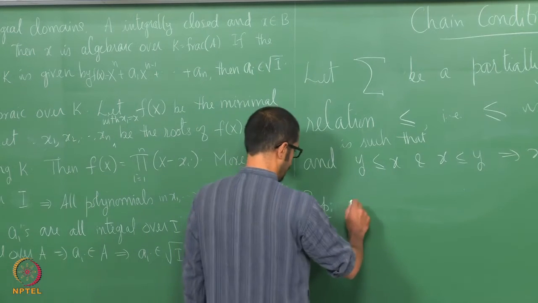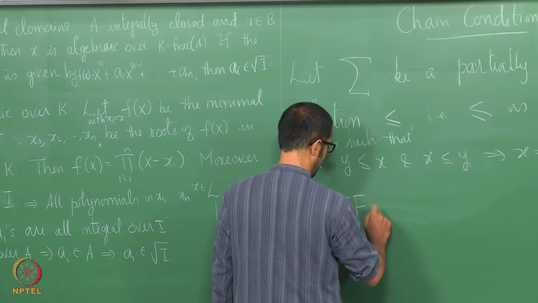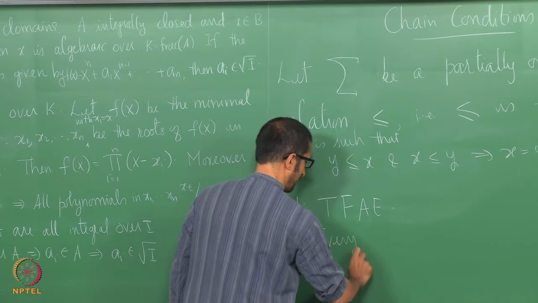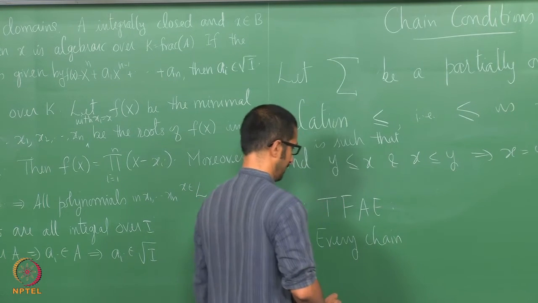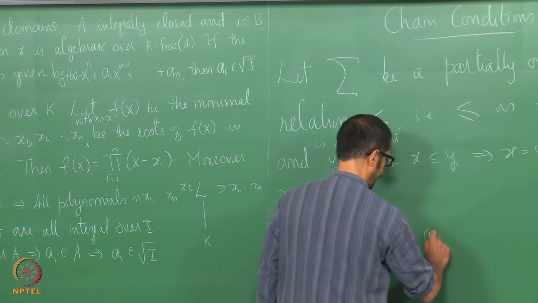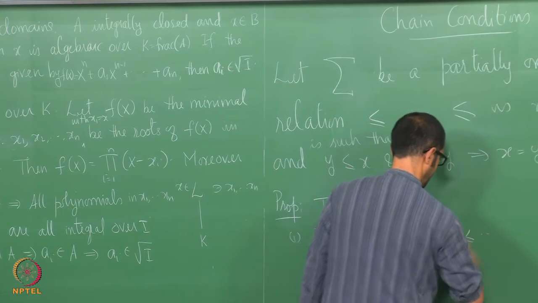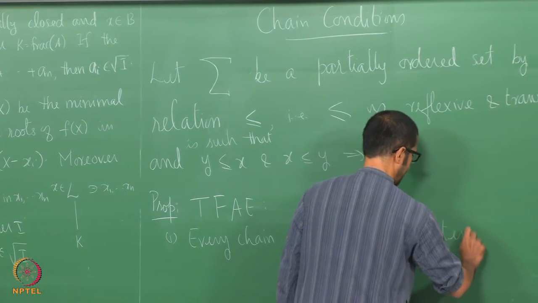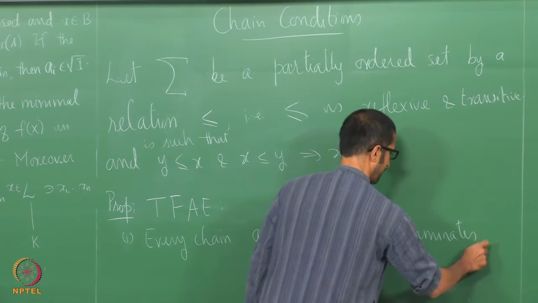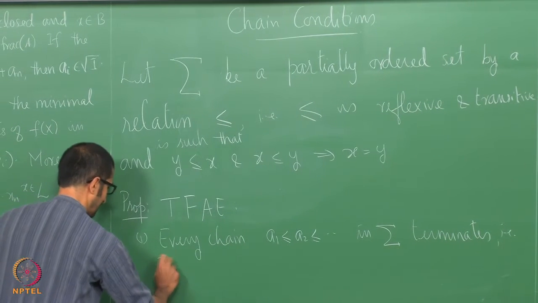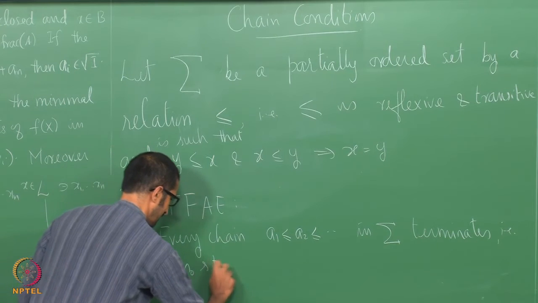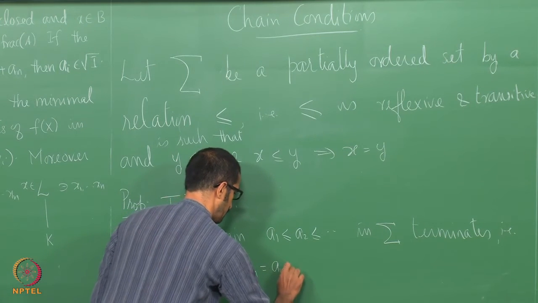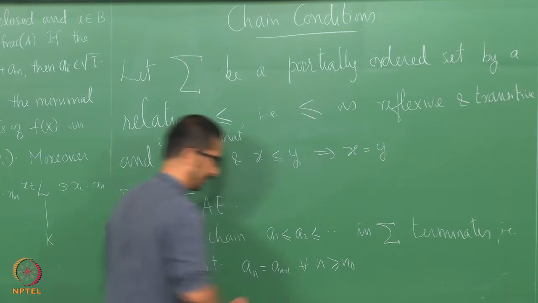Okay. So the following are equivalent. Every chain a1 less than or equal to a2 and so on in sigma terminates, that is, there exists n naught such that an equals an plus 1 for all n bigger than or equal to n naught.